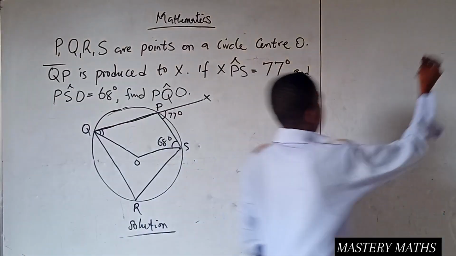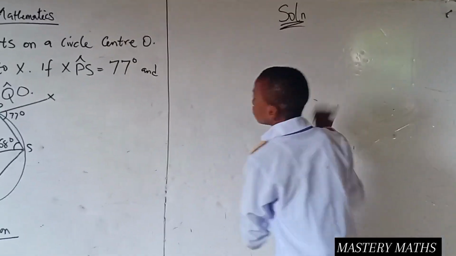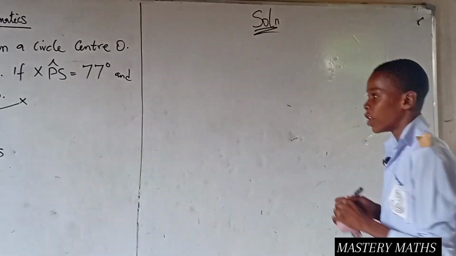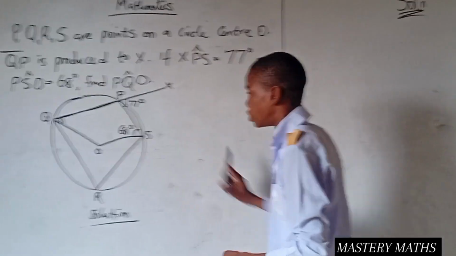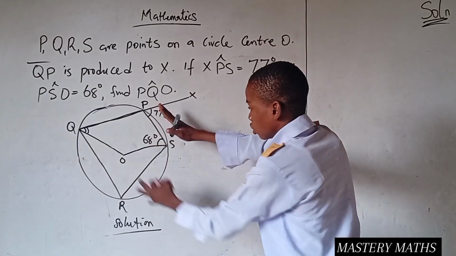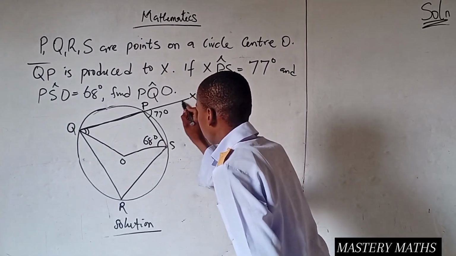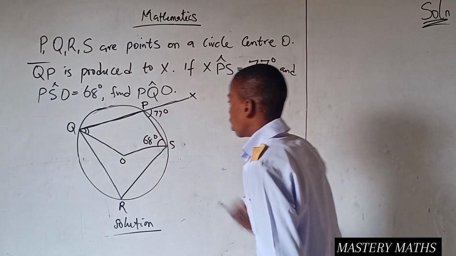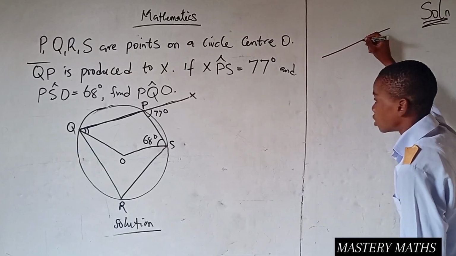We come to this side. We first of all look at the question to see how to enter into the circle. You can see this angle here, which is an angle on a straight line.